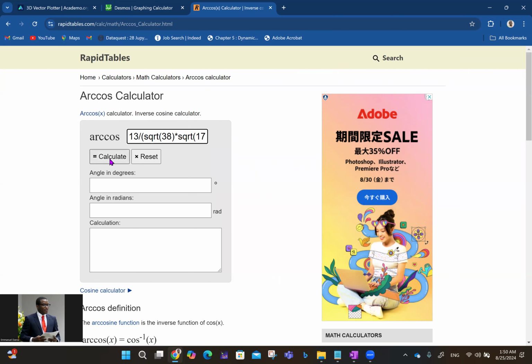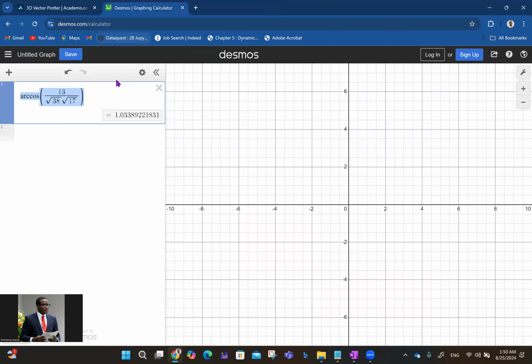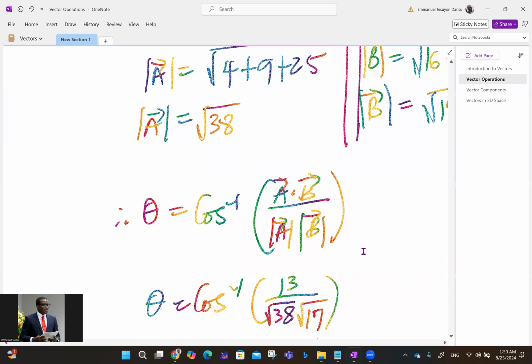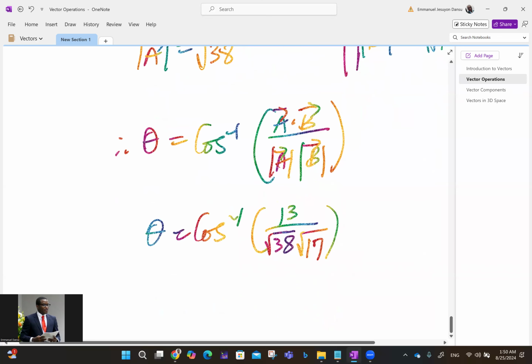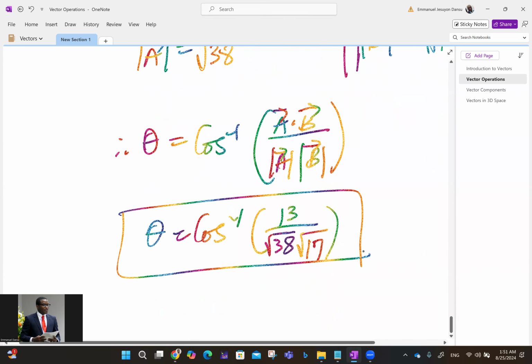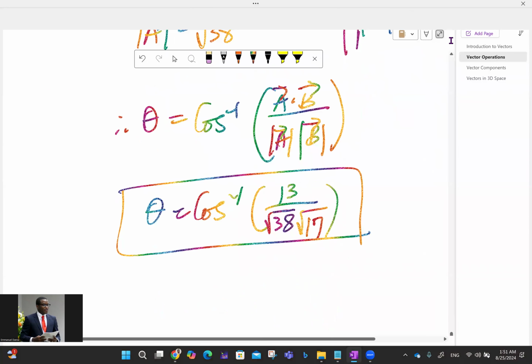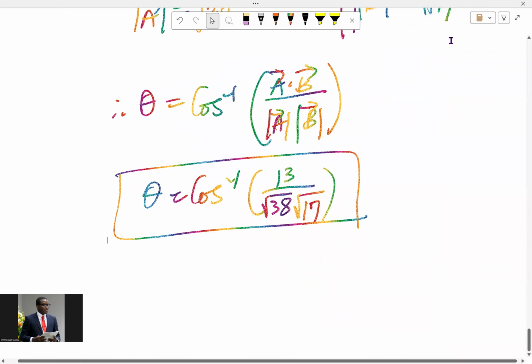I'm not sure if this is going to work. Okay, this doesn't work. Well, this is actually in radians, and we know how to convert radians, although that's a lengthy thing. So just punch your calculator and get the value of theta here, so that I don't keep moving around. We got the answer there in radians, but I want it in degrees, which most people are used to, I think. So with that, we have come to the end of dot product.